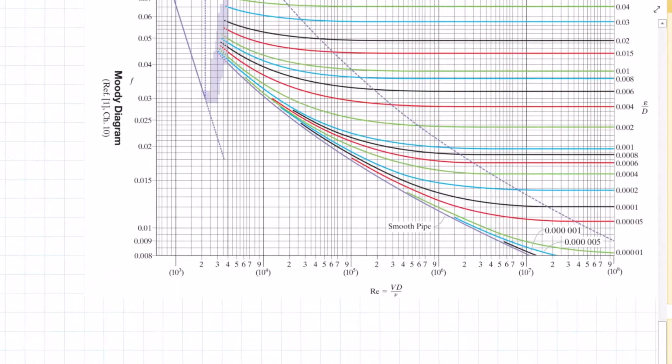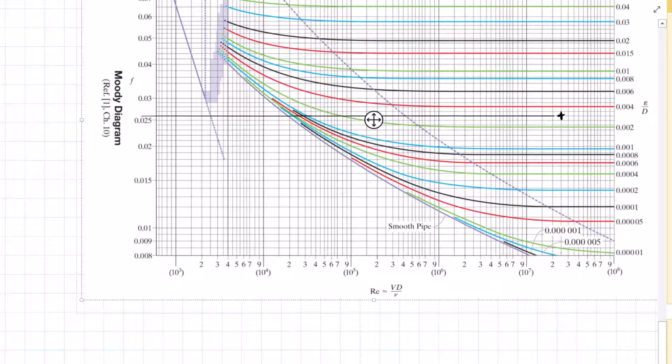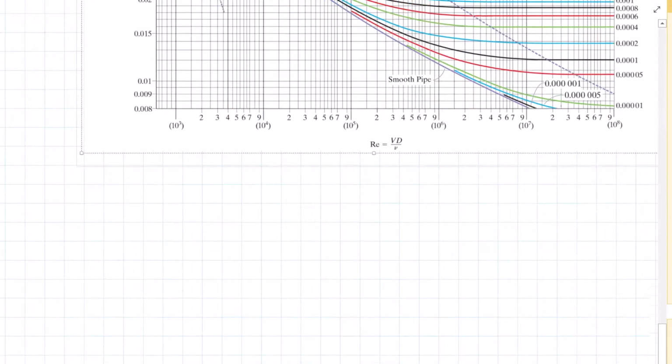So that's going to be here, coming up here to 3, which is about in the middle. Then drawing a line over to my friction factor, I'm going to get about 0.026. So let's see.